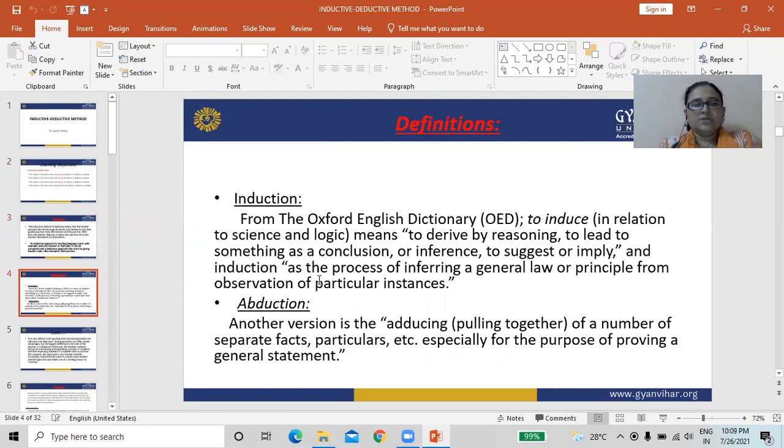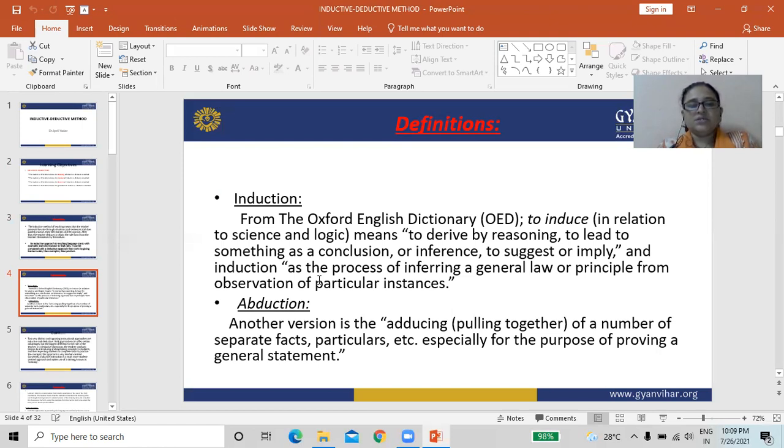Definition of induction from the Oxford English Dictionary. To induce, in relation to science and logic, means to derive by reasoning, to lead to something as a conclusion or inference, to suggest or imply.